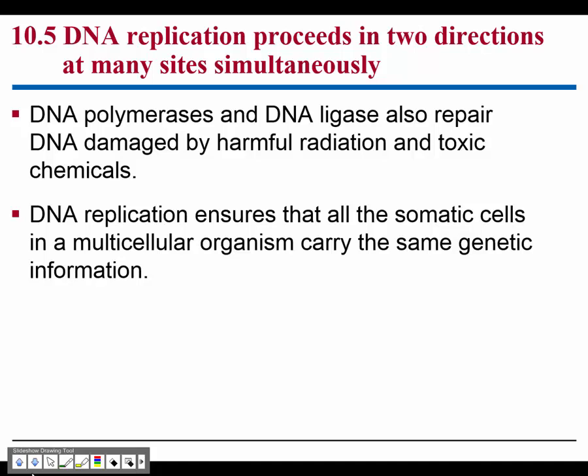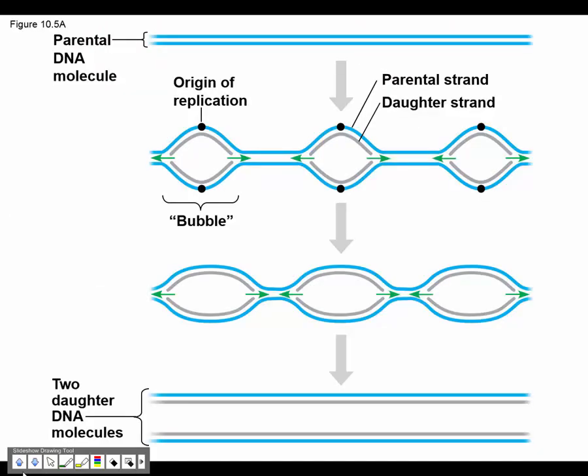And so the replication makes sure that all the body cells, the somatic cells, in multicellular organisms have the same genetic information. So the cells in your eyes have the same genetic information as the cells in your toes. They just don't produce proteins for toes in your eyes, right? And I think we talked about that earlier.